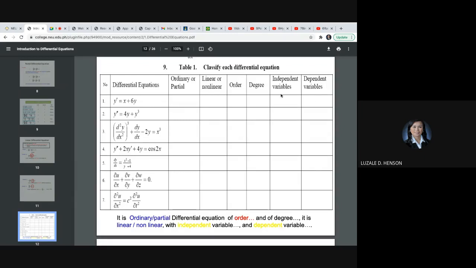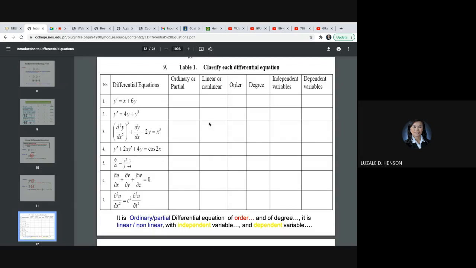With regards to dependent variables, you have y. You have y also. You have u, v, and w. These are multivariate because you have more than one dependent variable. And then you have u as the dependent variable.